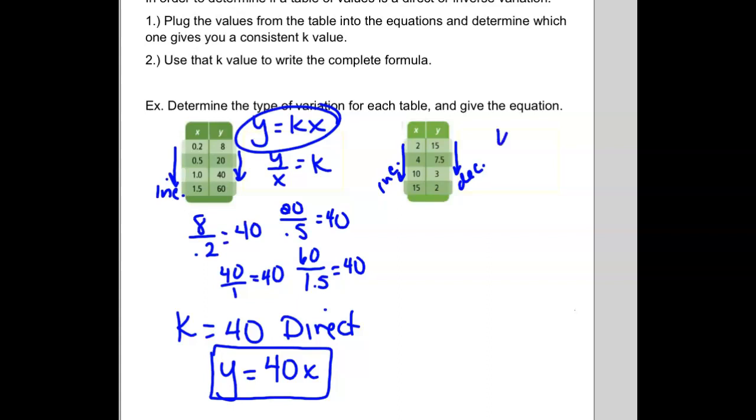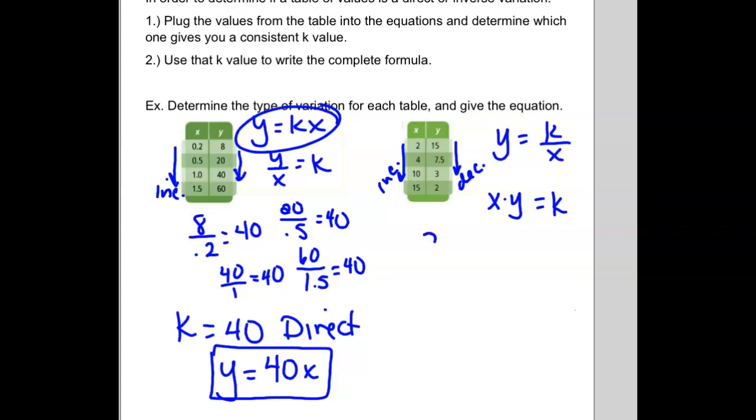So let's double check. If we think this might be inverse, we're going to start out with y equals k divided by x. To solve for k, we would have to multiply the x over. So if this is inverse variation, then our x times y always has to come out to be a constant.